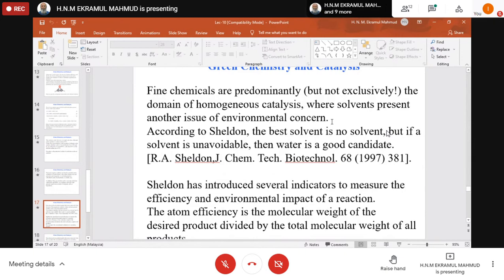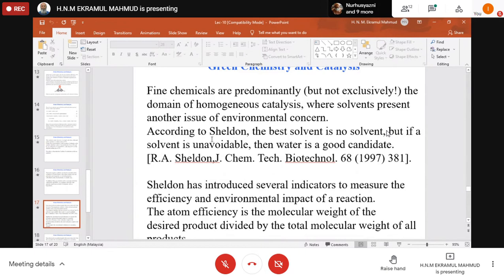Or sulfuric acid, sodium hydroxide, we need a lot. Hydrochloric acid, we need a lot, right? But this chlorine is not being used as a large product, that means widely used. That's why the production is less. That's why we call it fine chemicals.